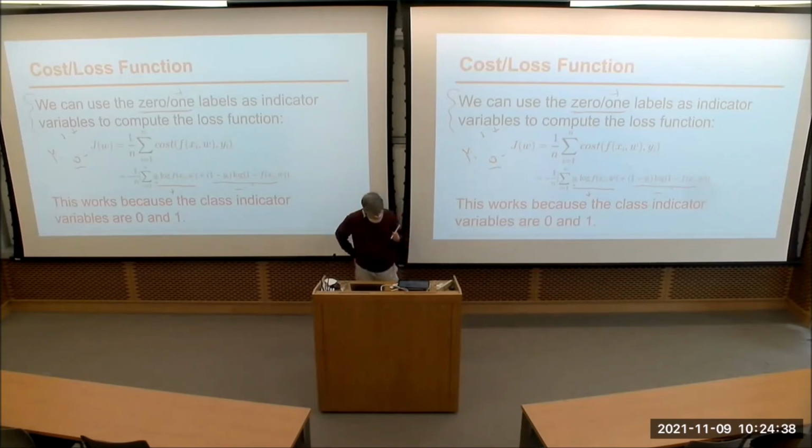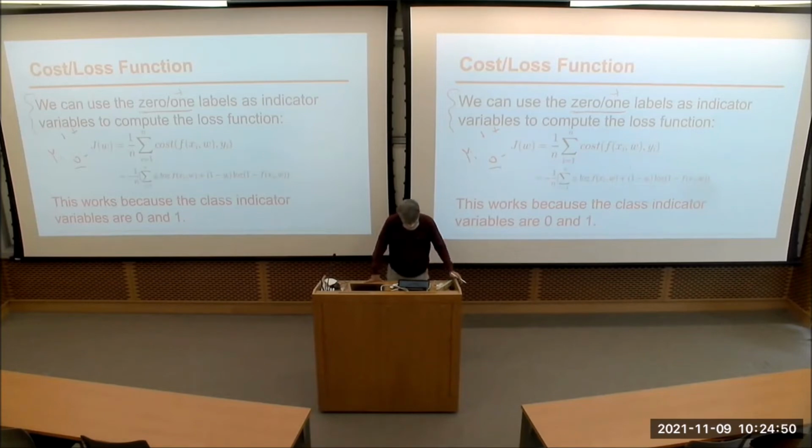The great thing about this is this now gives us a simple algebraic formula to govern the error in our classification scheme. If we have a particular logistic regression model as defined by these weights W, how good is it?